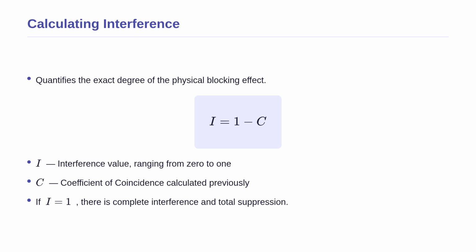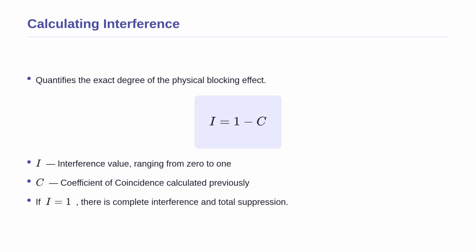This formula we just saw leads us to the actual calculation for interference. The symbol I represents the interference value, which tells us the exact degree to which one crossover interferes with another nearby crossover. We calculate it by subtracting the coefficient of coincidence, C, from 1.